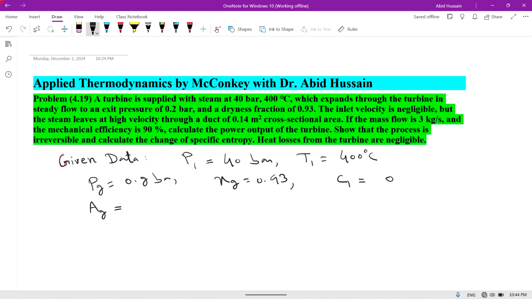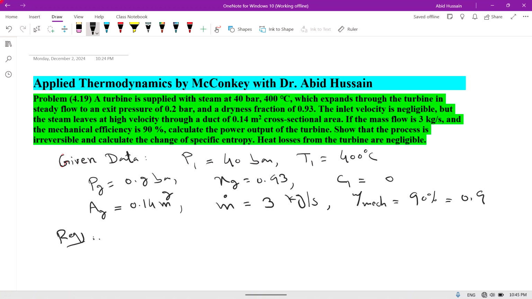The mass flow is 3 kg per second, m dot equal to 3 kg per second, and the mechanical efficiency is 90 percent, which means 90 divided by 100, equal to 0.9. Calculate the power output of the turbine. Required is to calculate power output.